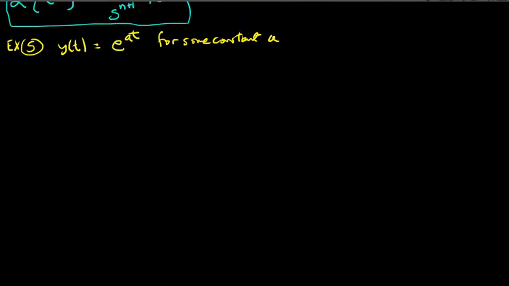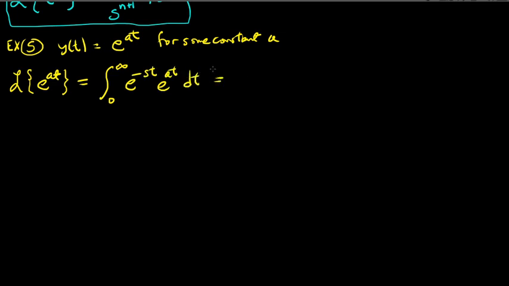So let's just supply the definition. The Laplace transform of e to the at is going to be the definite integral from 0 to infinity of e to the negative st times e to the at dt. You can see that this simplifies greatly if we just write this as e to the a minus s times t dt.